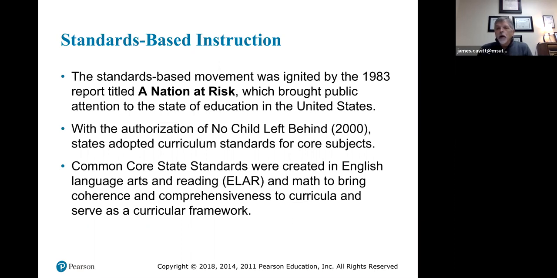Each state has their own standards. They're aligned well with each other, but when we tried to do the Common Core, it all fell apart. The federal government just says you have to have an education. It's up to the states to determine what that is. And so this is a state issue and not a federal issue about what is to be instructed in the schools. So that's really important.